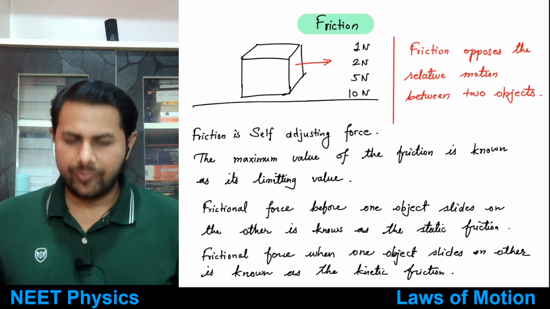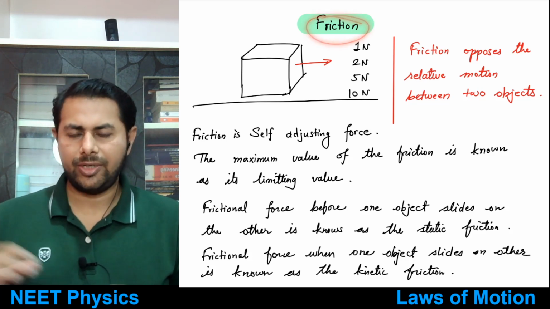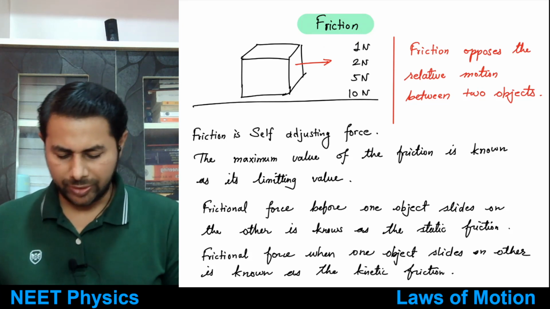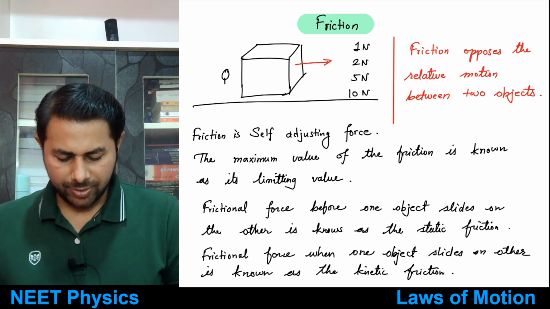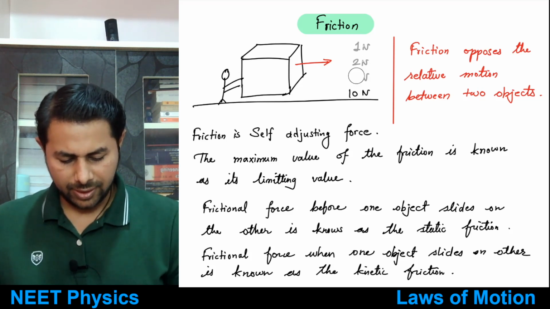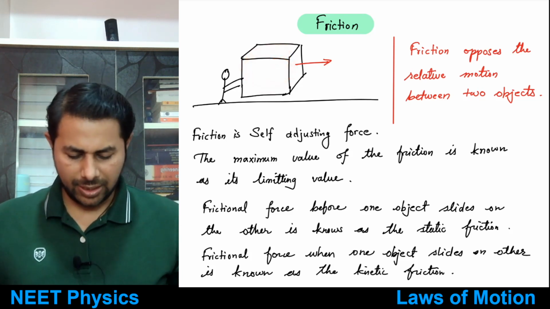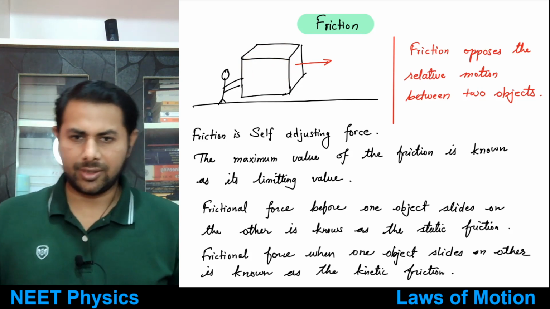So now let's talk about the next topic, that is friction. Of course we know what friction is, right? So for an example, suppose once again this is me and I want to move this heavy block, like the cupboard which is behind me.